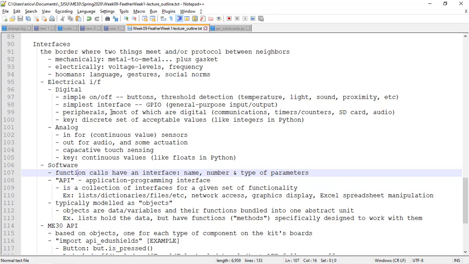You could take any data and you could pass it to any function as long as it matched the calling convention: the number of parameters, the type of parameters, and the order of parameters. But data were distinct from functions. In the general case, you could take any data and pass it to any function within reason. The functions could be applied to different types of data.